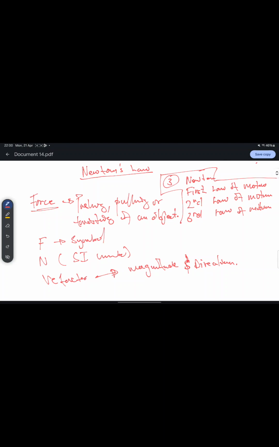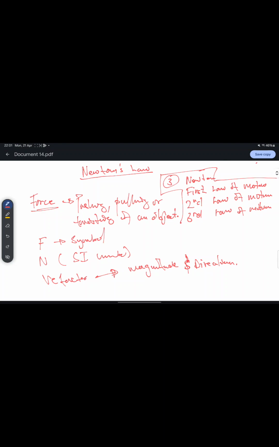So there are kinds of forces like contact forces and non-contact forces. You have to know them. Most of them are contact forces, which we are going to talk about, because we'll be exerting a force on an object, and they are contact forces like normal force, applied force, force of friction.